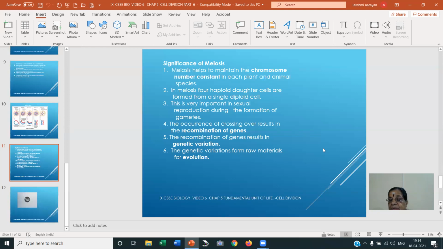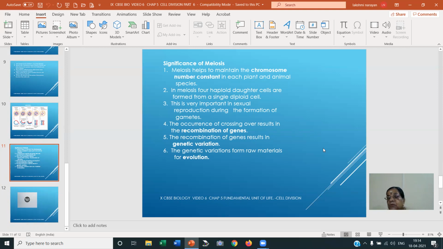During meiosis 1, prophase 1, metaphase 1, anaphase 1, and telophase 1, 2 daughter cells will be formed. And those 2 daughter cells will separately undergo the second division. As a result, 4 daughter cells are produced in meiosis.